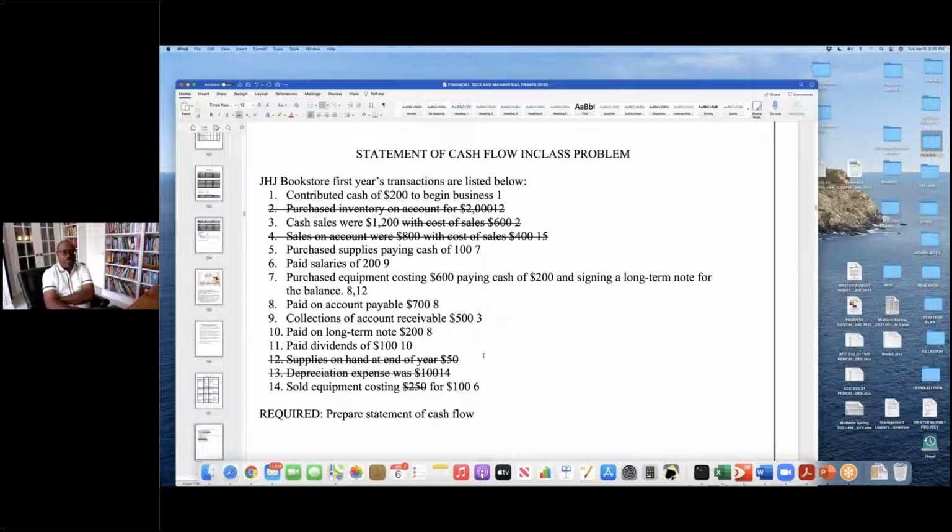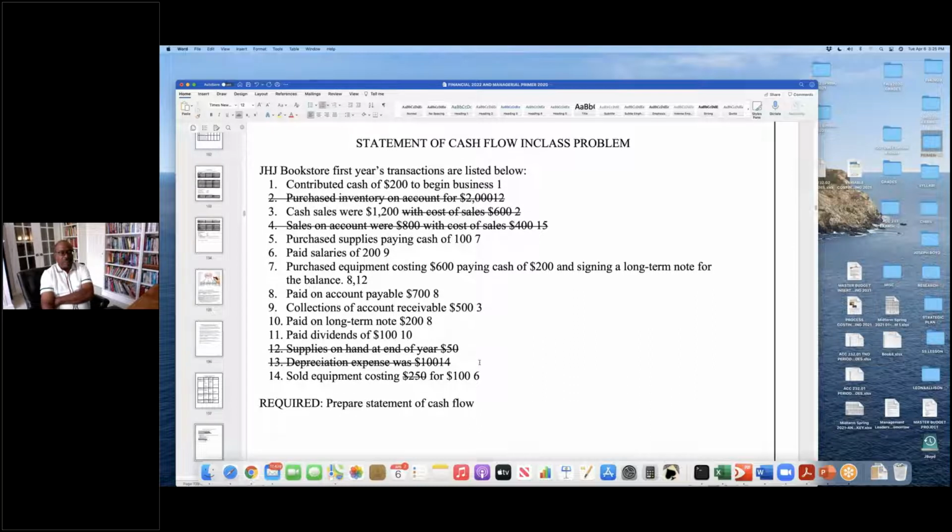We have something that says utilization of an asset in that same area. 13, what does 13 say? Well, we'll get back to that, but it's something like that.